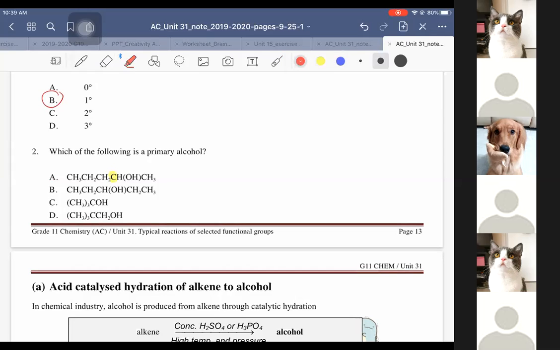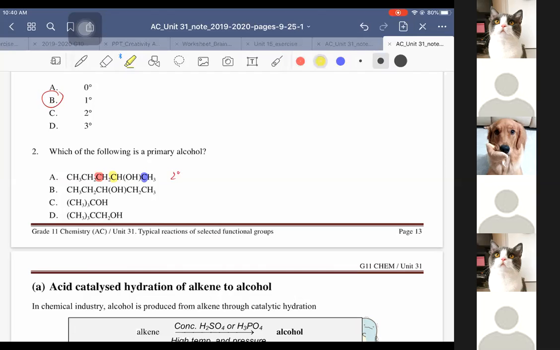On the left hand side, we got this alkyl group, and then a hydrogen attached to it, and then another alkyl group here. So that should be a tertiary alcohol. Sorry, that should be a secondary alcohol. I wrote it correctly, but I said it wrong. It should be a secondary alcohol.